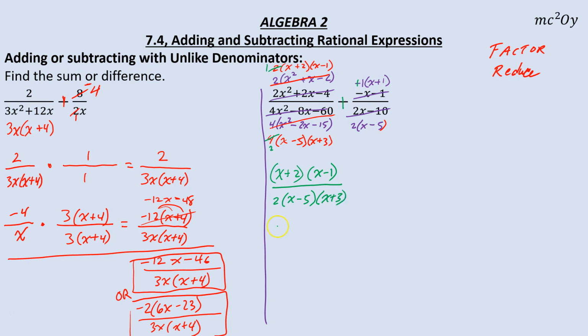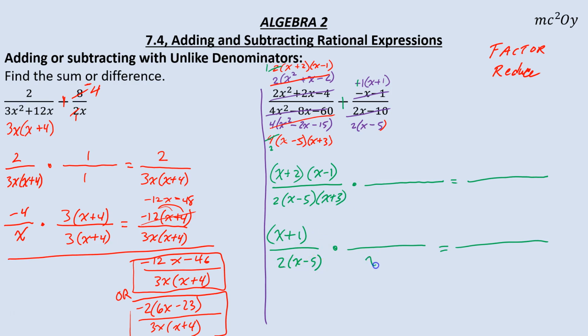Plus, looks like x plus 1 is here over 2 times x minus 5. When we write it like this, like I said, it just shows a lot easier what we're multiplying by to get our common denominator. You can actually see that common denominator. So I have a 2 and x minus 5 and x plus 3, and I have a 2 and an x minus 5. So down here, I'm missing the x plus 3.